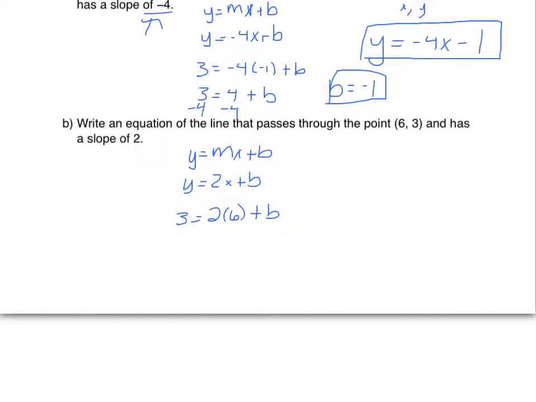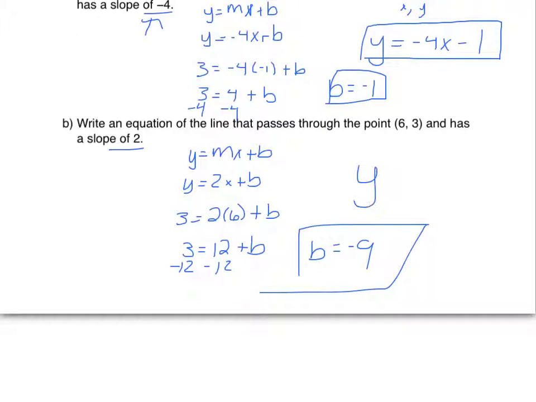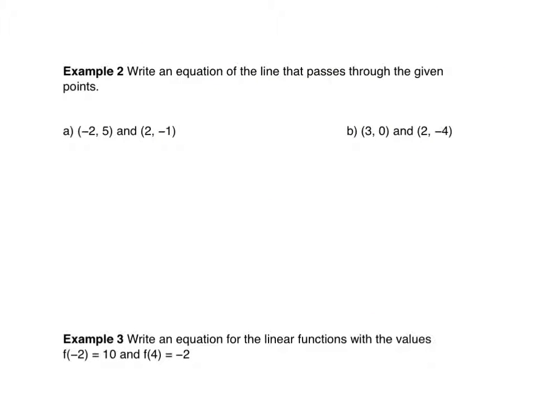And then I solve for b. Once I find b, I rewrite my equation with my slope and my y-intercept. y equals 2x minus 9. All done.